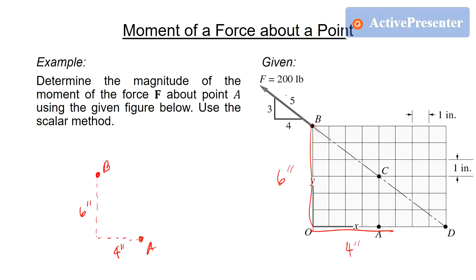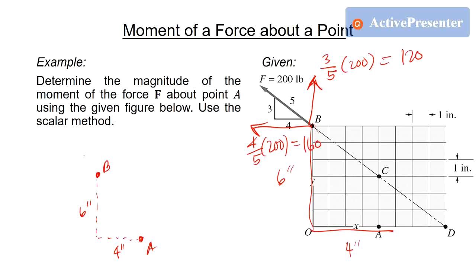So if we resolve the force at B into vertical and horizontal components, vertical is 3/5 of the 200 force, and horizontal is 4/5 of the 200 force. So this one is 120 and this one is 160. So we have 120 pounds and 160 pounds. Let's say this is Fx and this is Fy.